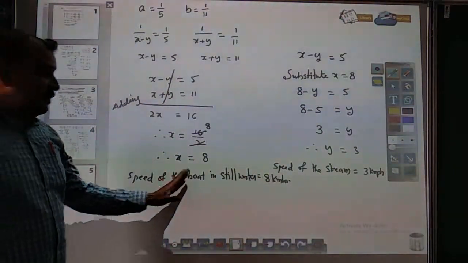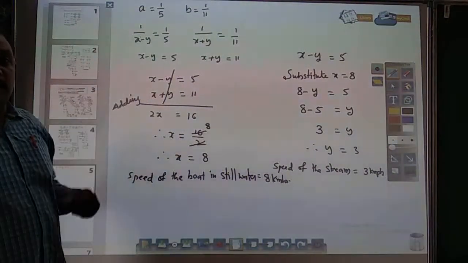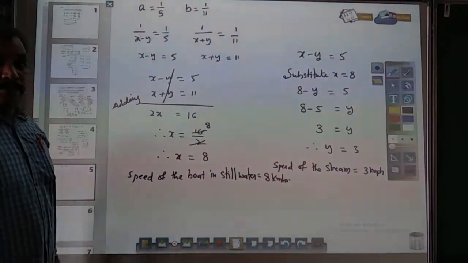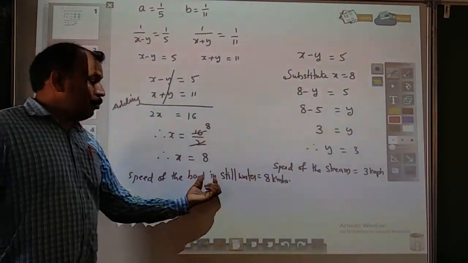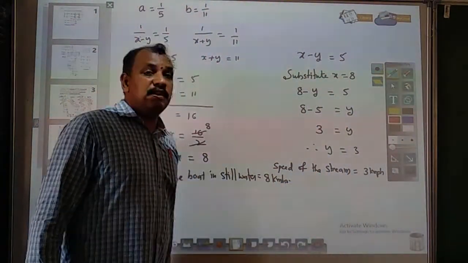So x is equal to 8 and y is equal to 3 is the required solution for the pair of given equations. Speed of the boat in still water is 8 kilometers per hour. Speed of the stream is 3 kilometers per hour.